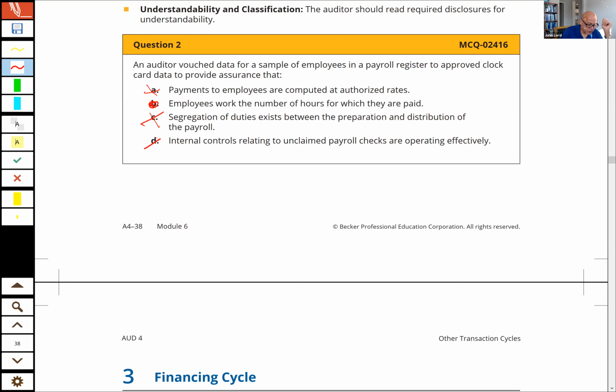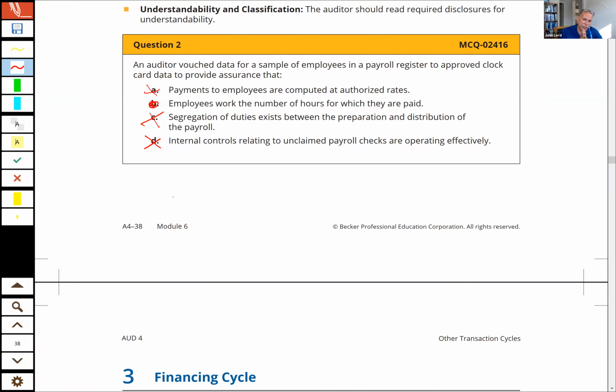Okay, question? Okay, keep trying to picture yourself doing these things, guys. Pretend, and by the way, this applies in the real world when you're doing an audit. If your supervisor says to you, okay, go over there and look at the payroll data, hurry up, you slow the roll and you say, okay, do I understand why I'm doing this?